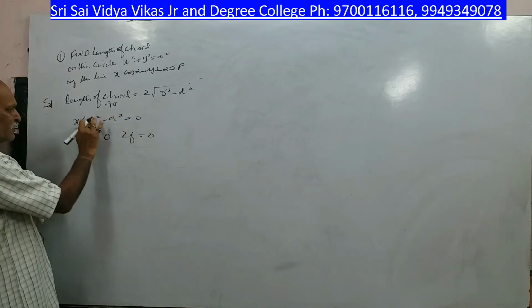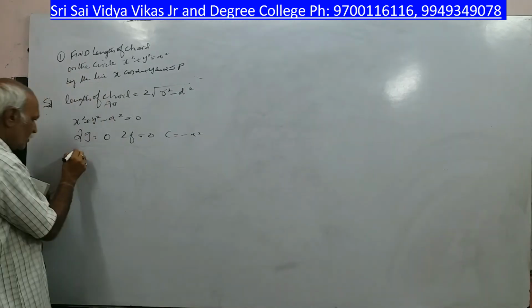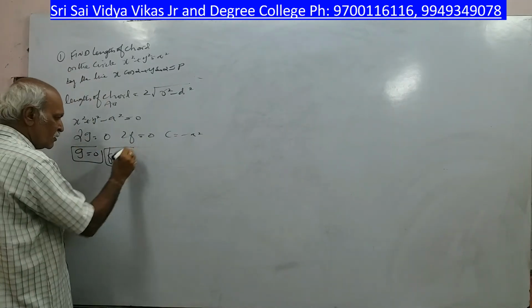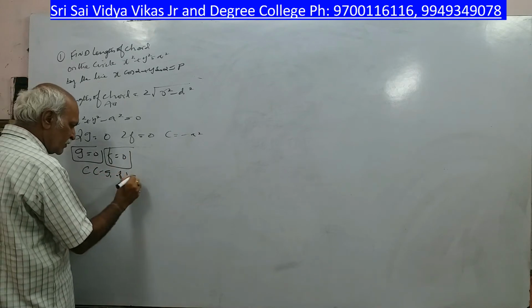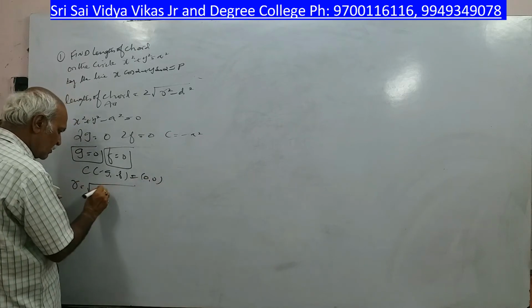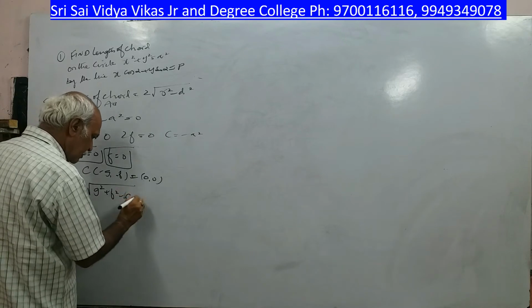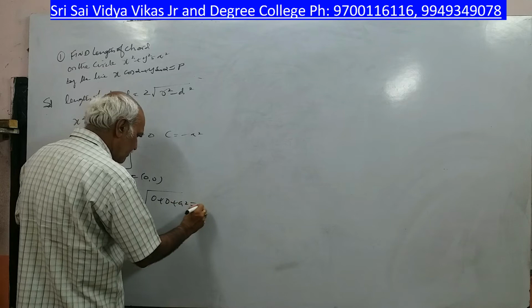There is no x and y term. And what is the c value? Minus a square. So g value 0, f value 0. What is the center? Minus g comma minus f, which is 0 comma 0. What is the radius? Root of g square plus f square minus c. So root of 0 plus 0 plus a square, which is a.